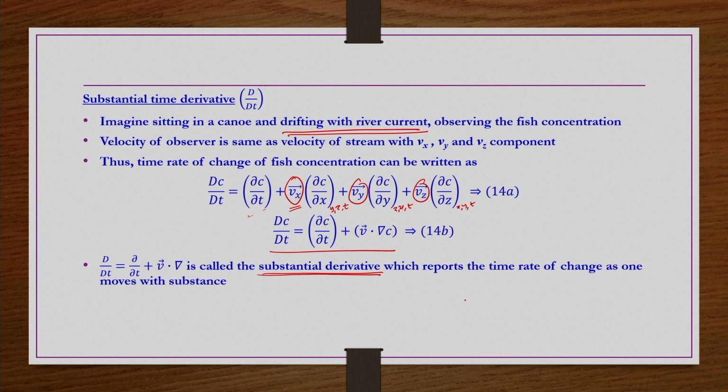Here the moving substance in the river example is the velocity of the river stream. So the substantial derivative reports the time rate of change as one moves with the substance. That is the reason it is called the substantial derivative.